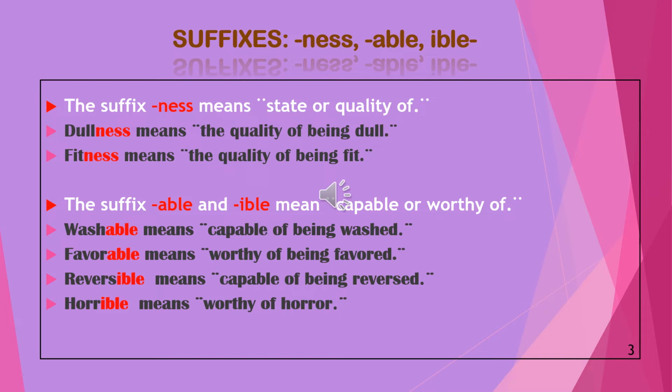So let's read the examples that we have. And remember, the suffixes are marked red. Washable means capable of being washed. Favorable means worthy of being favored.